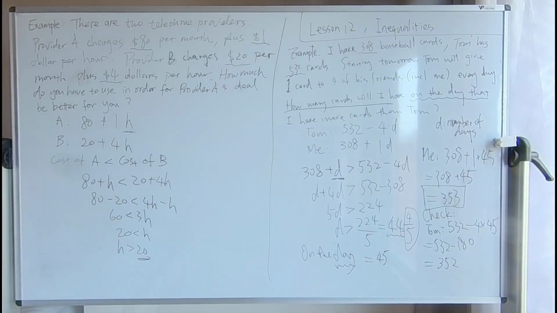Okay, so that's all for this lesson on inequality. Again, to summarize, you'll see that in many aspects solving an inequality is very similar to solving an equation. The only thing you need to be careful about is multiplying a negative number on both sides.